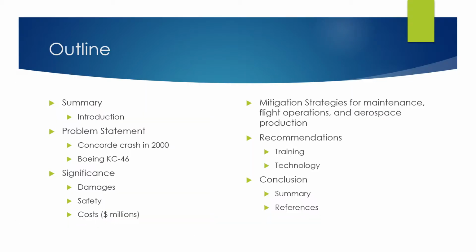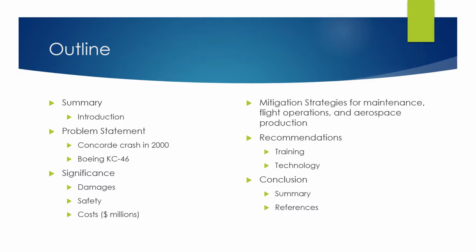To guide you through my presentation, this is my outline slide. I'll be starting with a summary of my case study on FOD prevention. Then we will discuss the problem statement, giving two examples of FOD events. Then we'll be discussing the significance of the problem in terms of some different costs and damages and other variables I have.